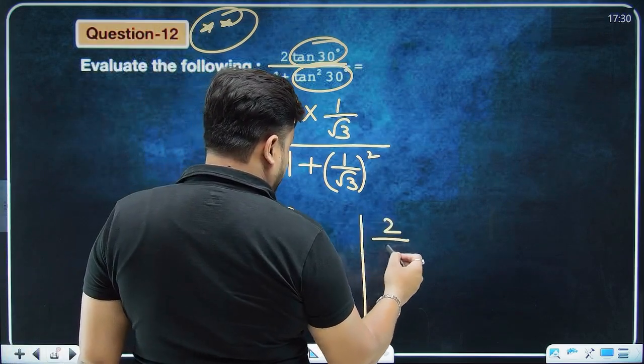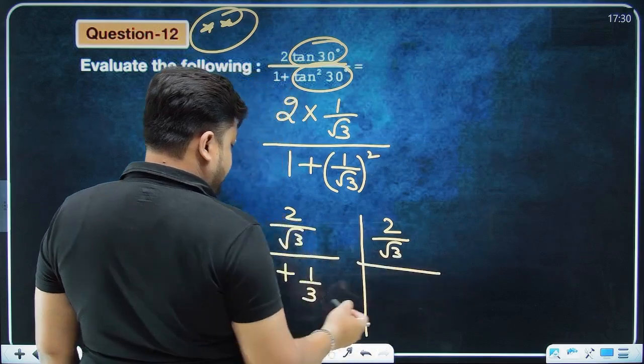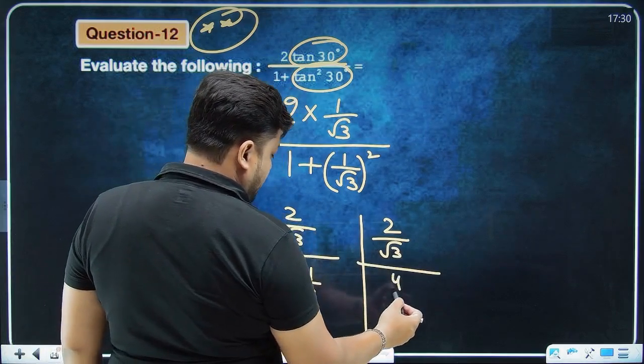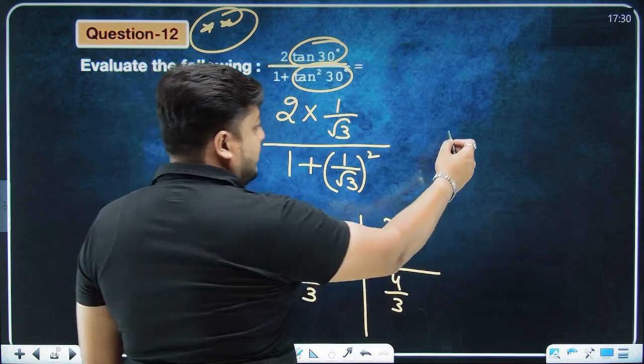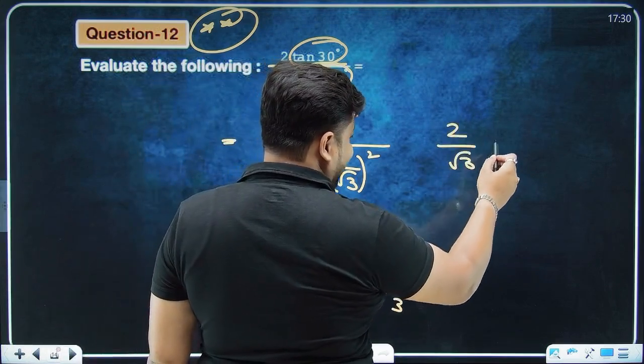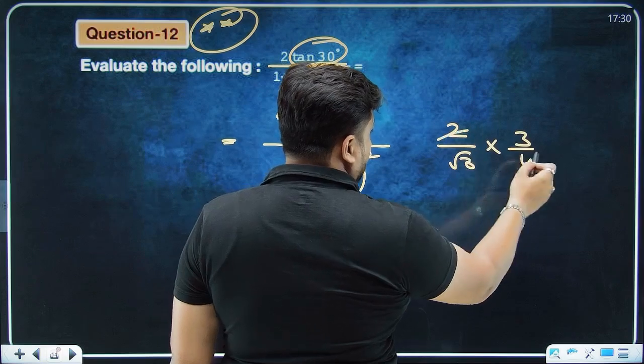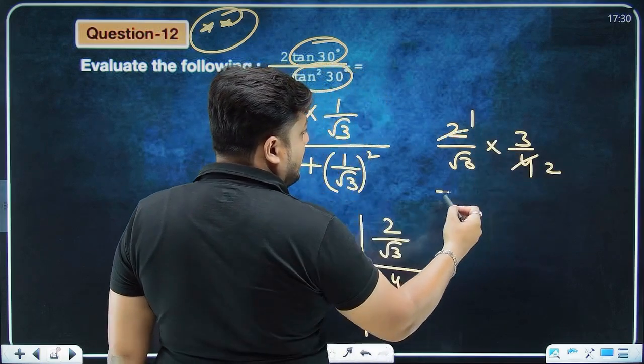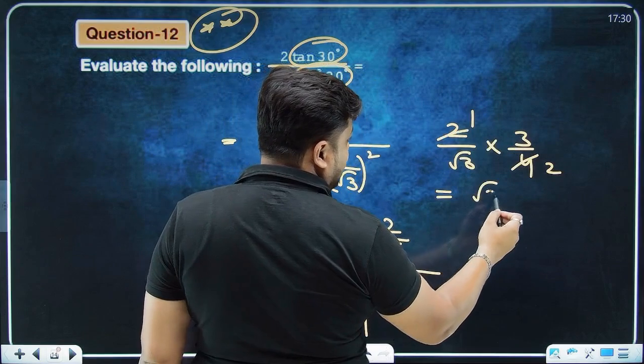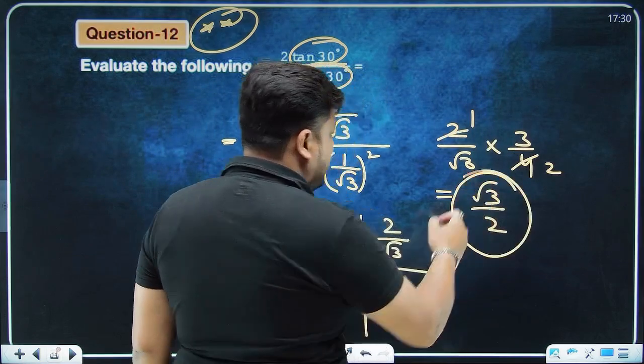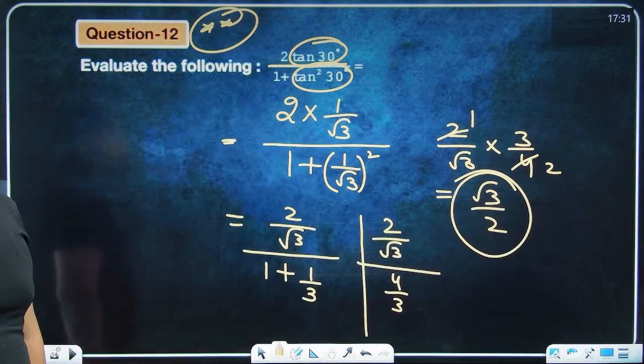So it will be 2 upon root 3, and 3 plus 1, that is 4 upon 3. So it will be 2 upon root 3 into 3 upon 4. So it will cut 1 by 2 here, and after rationalizing, root 3 by 2 is the final answer of this question also.